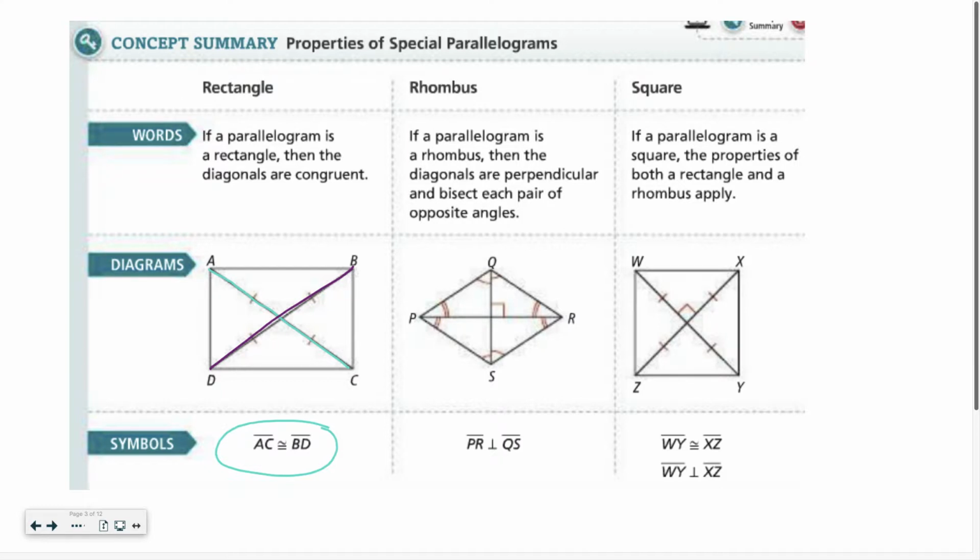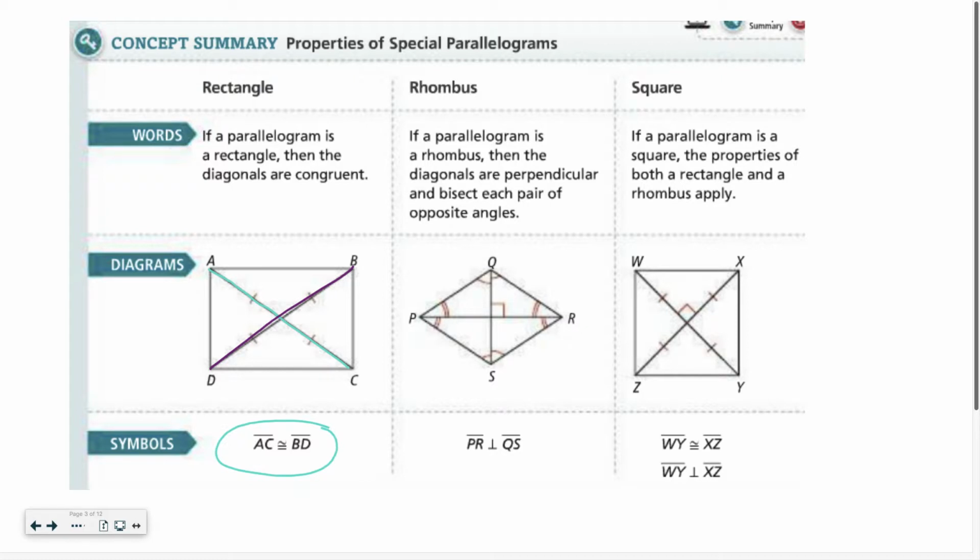Now, a rhombus also inherits everything from a parallelogram, but in order to be a rhombus, we know that our diagonals are perpendicular. That means that our diagonals meet at a 90-degree angle in the middle of our figure, and they also bisect each pair of opposite angles.